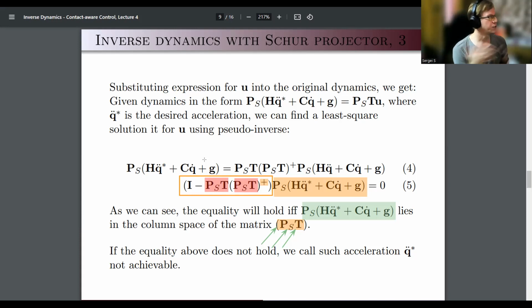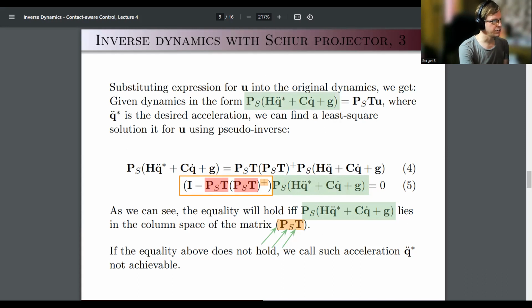Okay, most vectors would lie in both spaces, of course, right? But if equation 5 is true, it means that these green vectors, let me use consistent notation, this green vector lies entirely in the column space of this matrix.